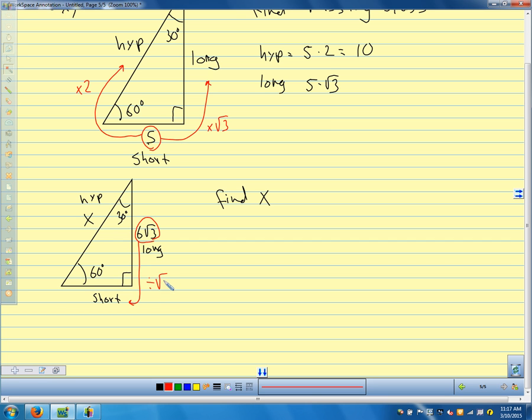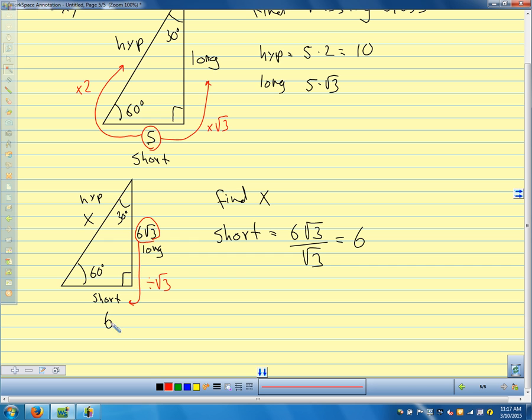Divide by the square root of 3. So the short side equals 6 square root 3 divided by the square root of 3. Square root of 3 divided by square root of 3 is square root of 1, which is 1. Anything divided by itself is just 1. So we get 6. So that side's 6.